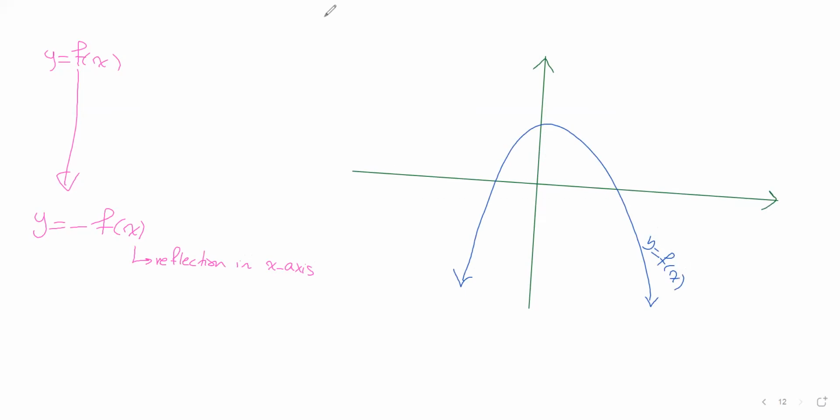So it's a reflection in the x-axis. So whatever you have, you just reflect it. So it's going to be whatever distance you have. So let's do exactly the same thing. So yeah, this is minus f of x. This is the x-axis and this is the y-axis. Is it clear?